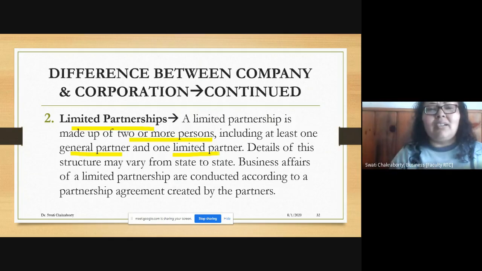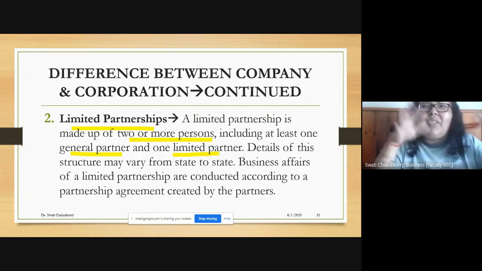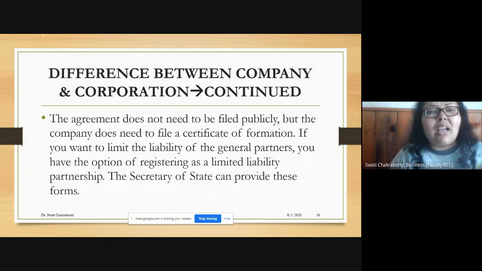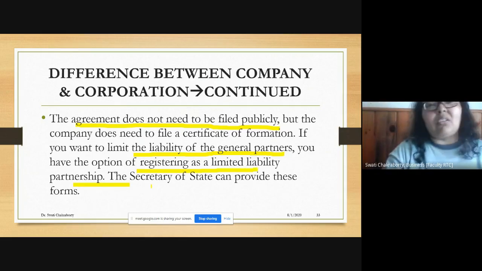A general partner looks after the day-to-day activities, whereas the limited partner is involved in the crucial decisions. The agreement does not have to be filed publicly. If you want limited liability for the general partners, you have the option of registering as a limited liability partnership. You may or may not.